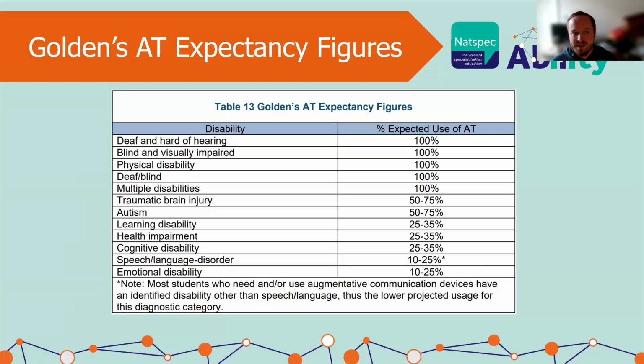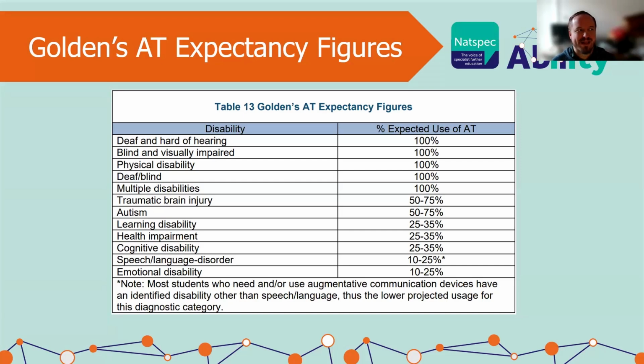So starting from the top with sensory impairments, deaf and hard of hearing, blind and visually impaired, with physical disability, multiple disabilities, the expected use of AT is 100% there. Then working down the list, traumatic brain injury, autism, we're expecting between 50 to 75%. Learning disability, health impairment, cognitive disability, 25 to 35%. Speech language disorder and emotional disability, about 10 to 25%.